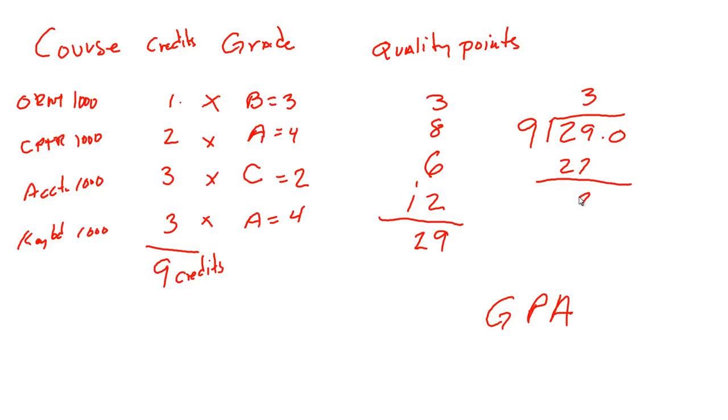So that's 2 left over. Bring down the 0, that's what, 2. 18, and now I'm going to have a whole bunch of 2's after this. So I have a 3.22 repeating. So I've got a 3.2 grade point average.